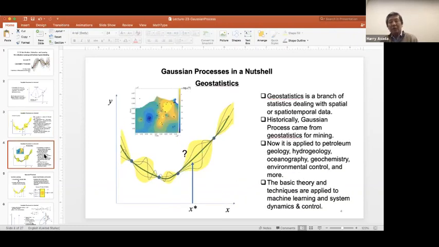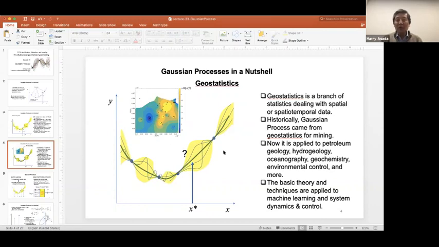A little bit of historical background: the Gaussian process came from mining, basically from a field called geostatistics, a branch of statistics dealing with spatial and spatiotemporal data.